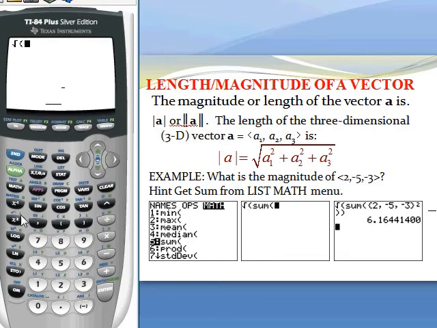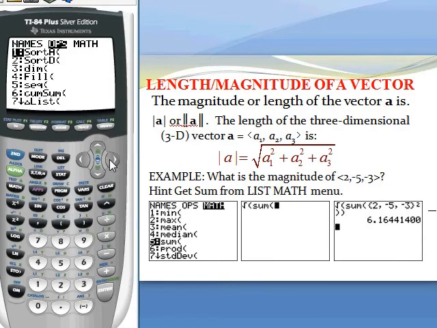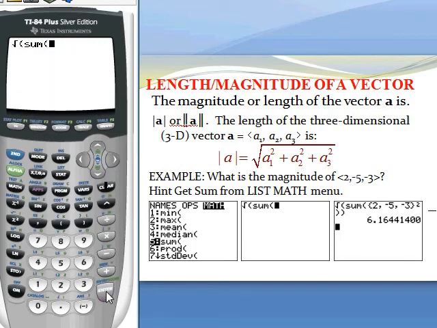Then I'm going to go to sum, getting that from the list, and under math, here it is, sum. Okay, sum of what? It's going to be the sum of the vector. So I can enter the vector 2, negative 5, negative 3.